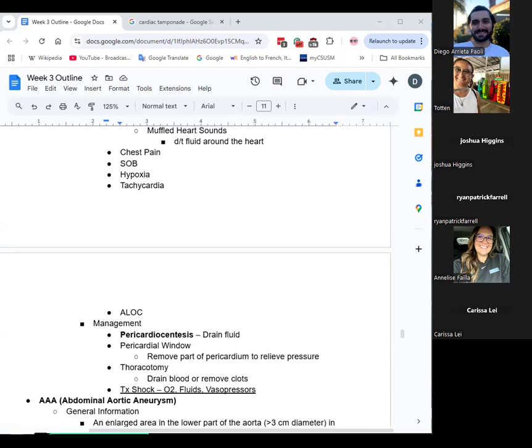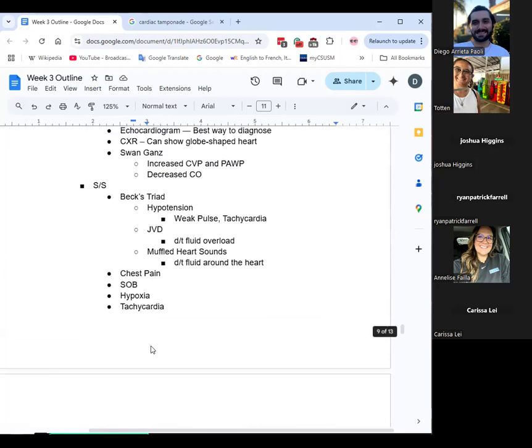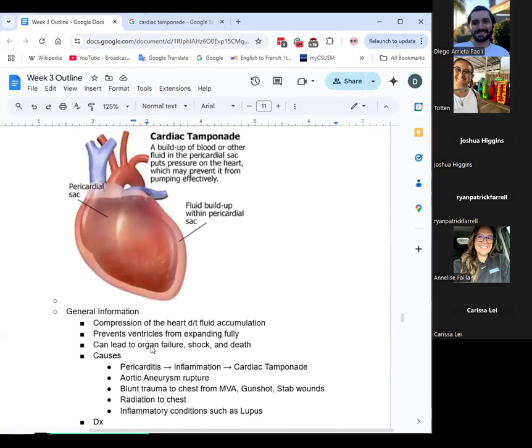I think that's pretty much all they really went over, was just that they need the preload. If you're interested, you could look it up, but you don't need to worry too hard about it. It's just one of those things, this is one of the exceptions to the rule. Any questions on cardiac tamponade?